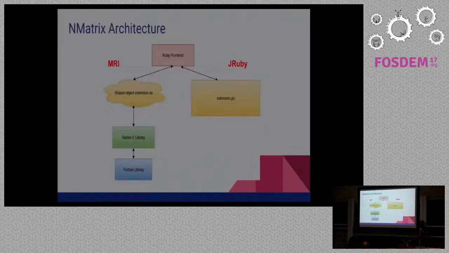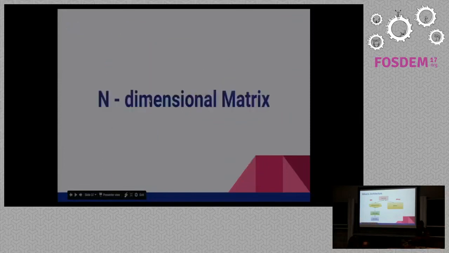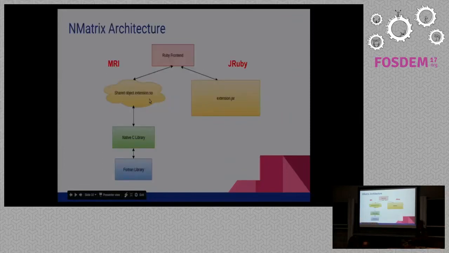Next is the NMatrix architecture. Basically, we have a Ruby front end here. Then for MRI, we have a shared object extension.so, which is built using C and C++. Now this integrates with a native C library, which is CBLAS or CLAPACK.